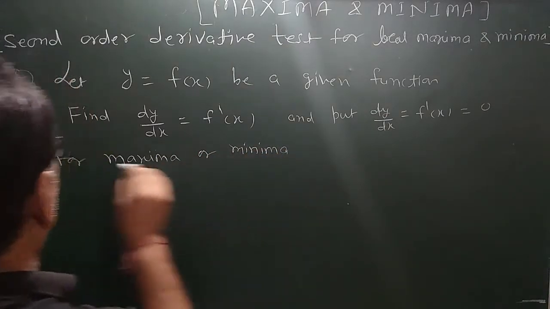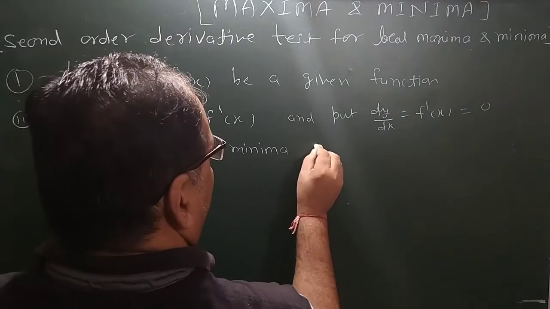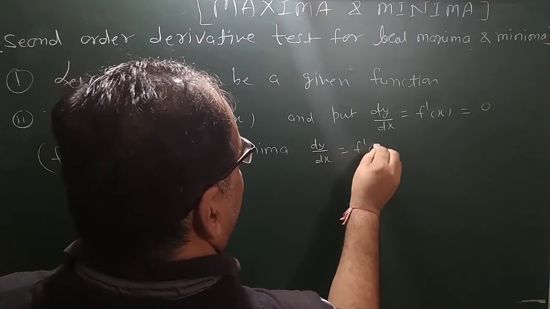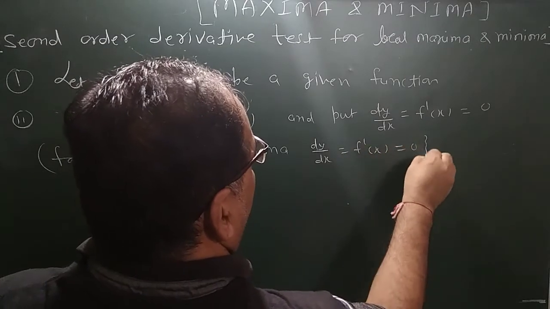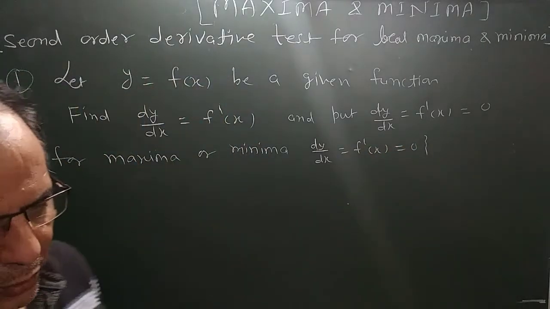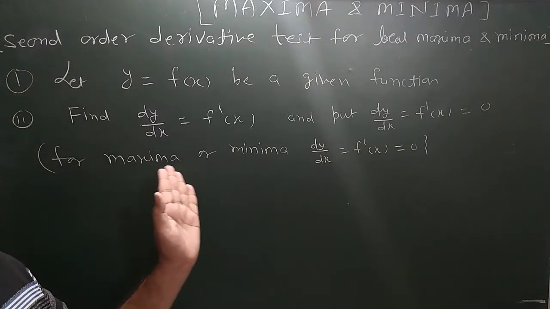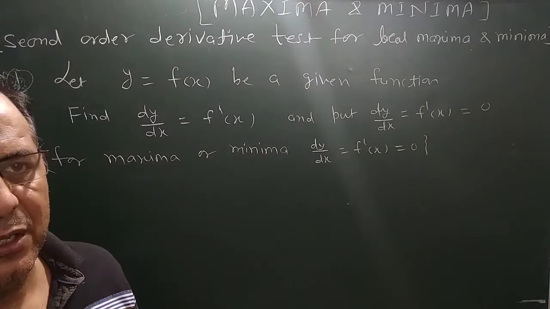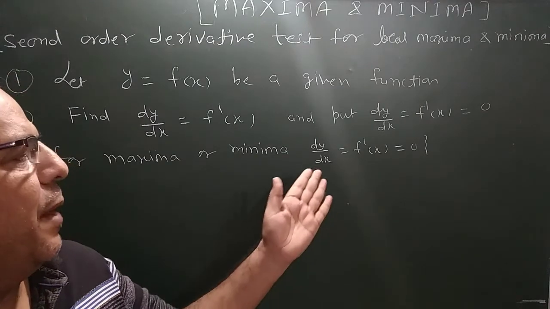For maxima or minima, dy over dx or f dash x will be equal to 0. We know that at all the points of local maxima or local minima, the tangent will always be parallel to the x-axis.